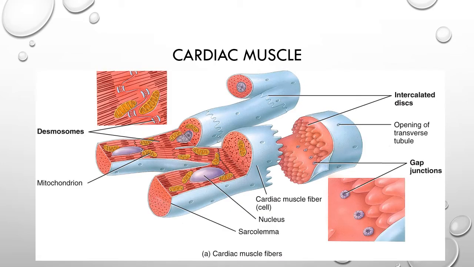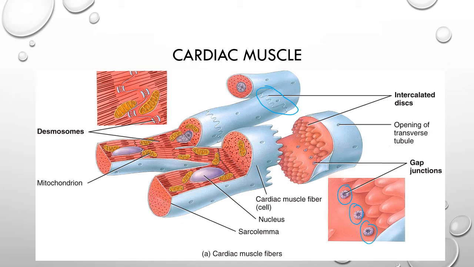When it comes to cardiac muscle, one of the special features that it does have is what we call intercalated discs. And so these intercalated discs are what are found in between adjacent cells. And in those intercalated discs, we have gap junctions.